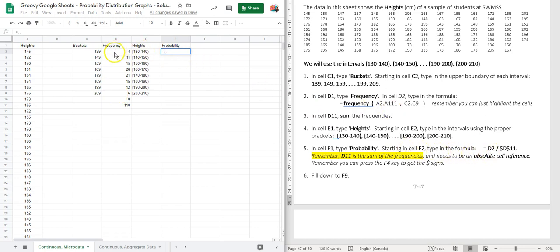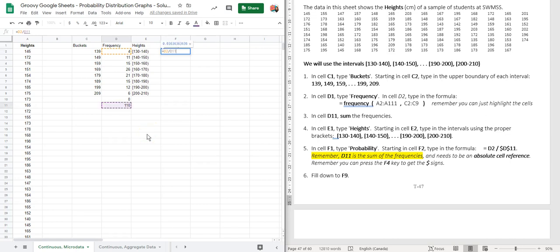So we're going to click equals, and after equals, click the D2 cell. So it's 4. And then the divided by symbol, 4 out of 110, so click on D11. And it needs to be an absolute reference, so you need the dollar signs before the D and before the 11.